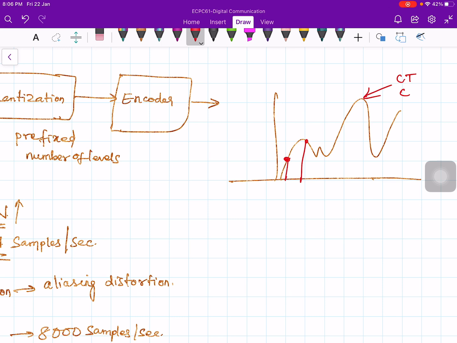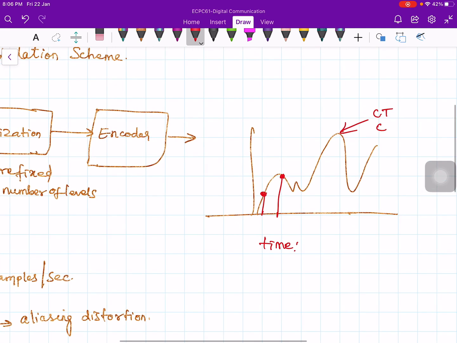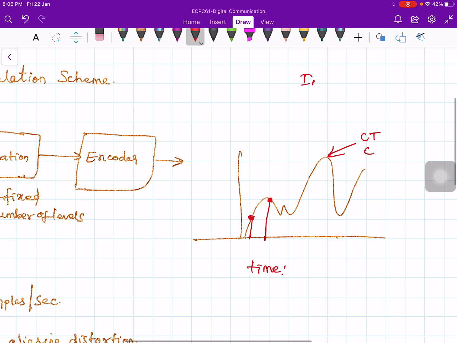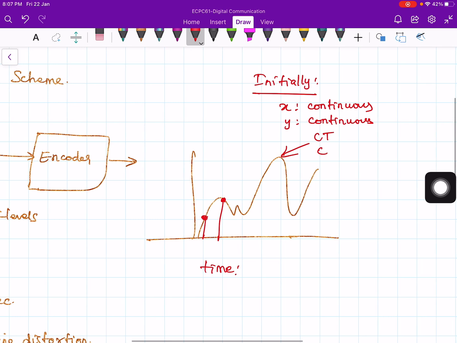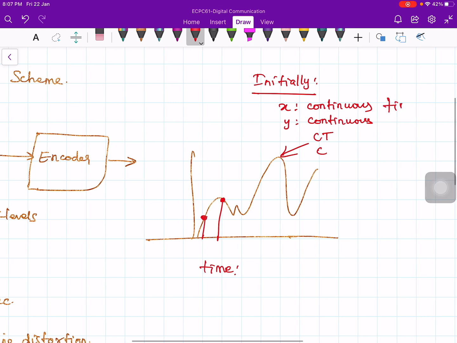Initially the x-axis is continuous and the y-axis is also continuous.